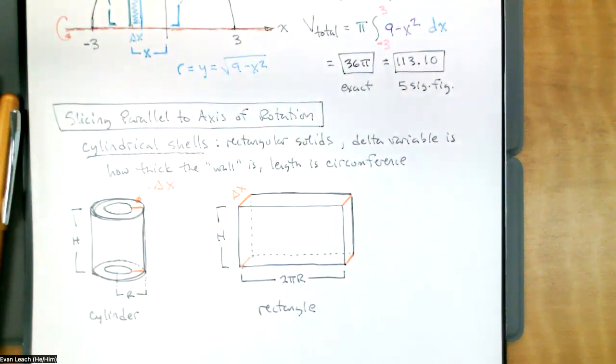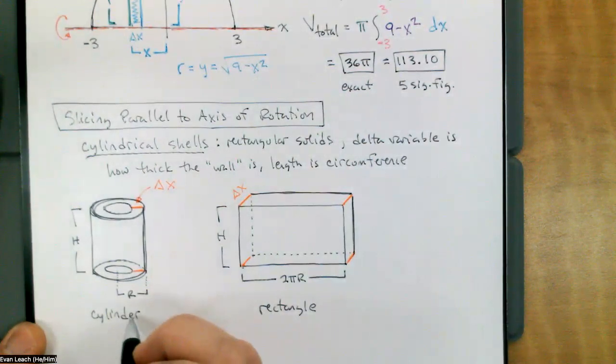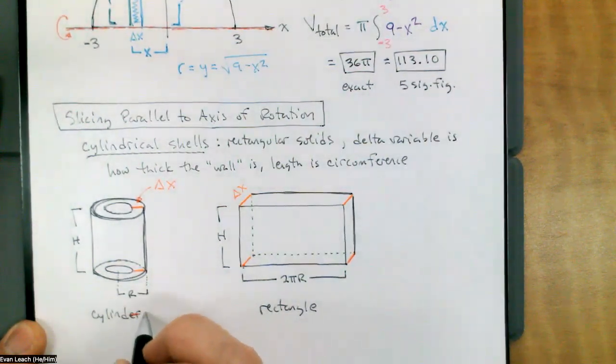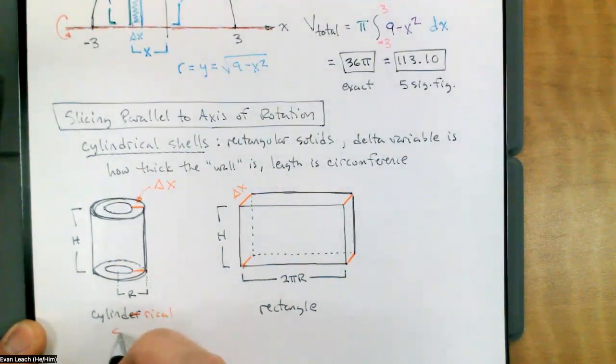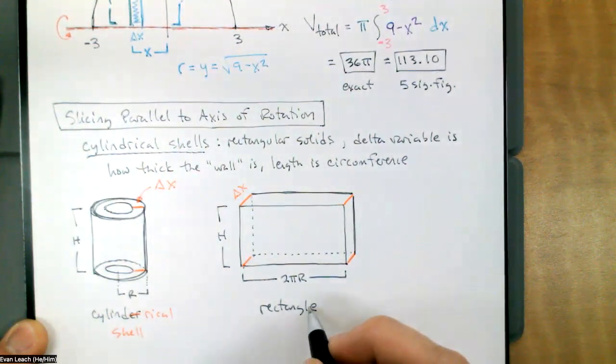So we can take our two-dimensional surface cylinder and unroll it into a two-dimensional rectangle, or we can imagine some kind of thickness of the wall of our cylindrical shell and unroll it into a rectangular solid.